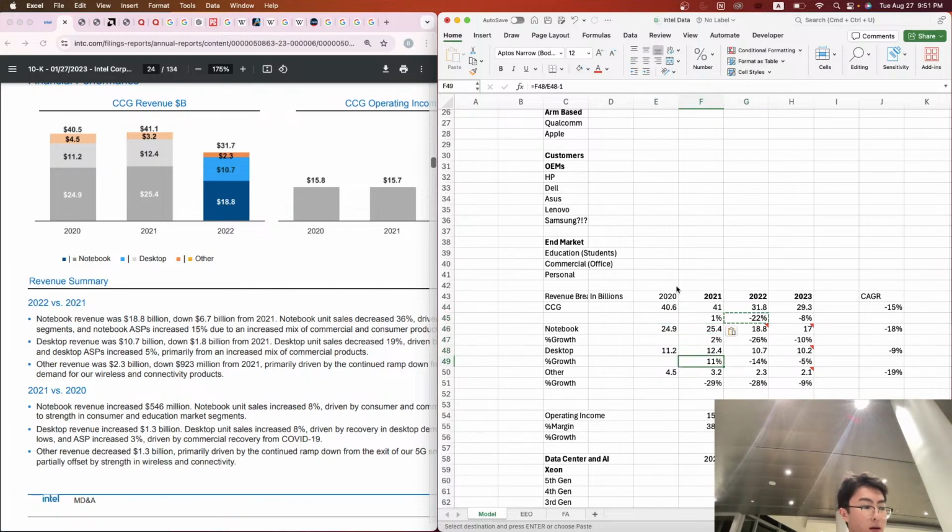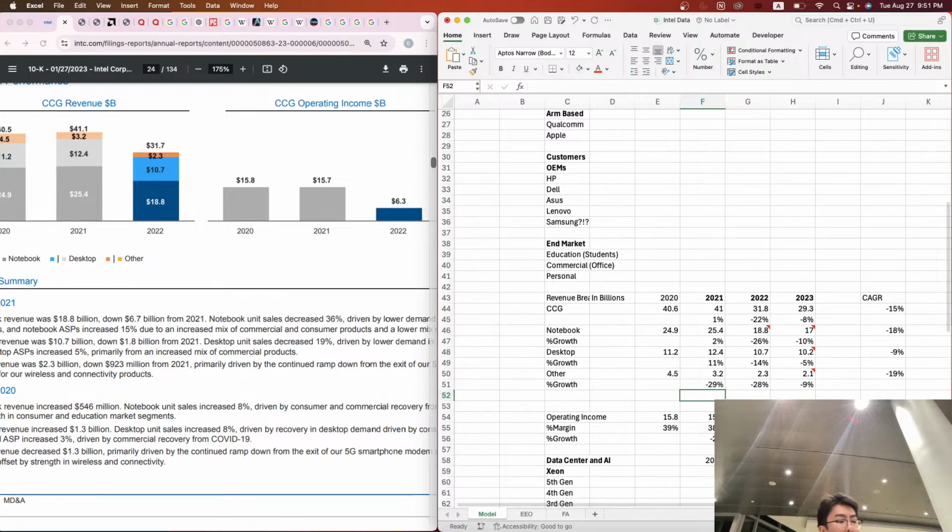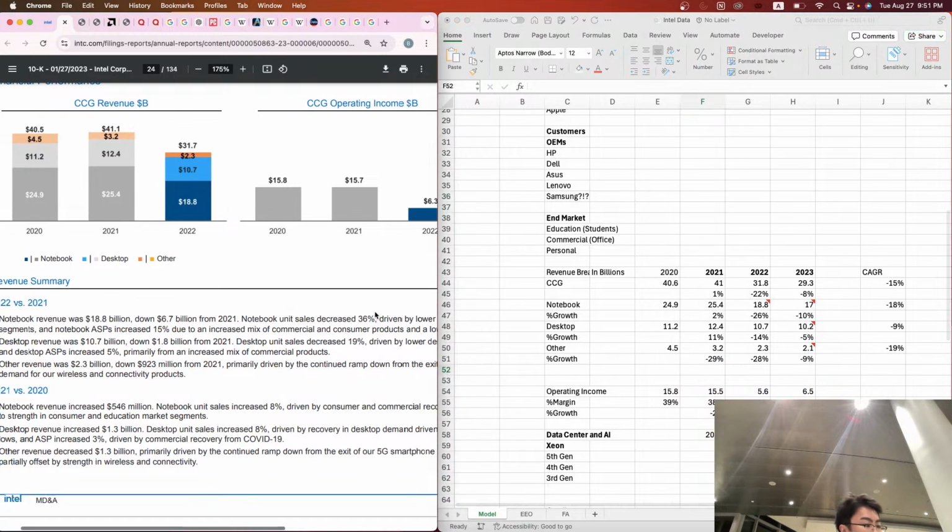Okay. And when you look at operating income, it's around 15.8. Just like a 2% decline. All right, it's not terrible.